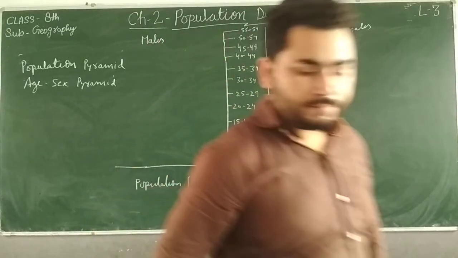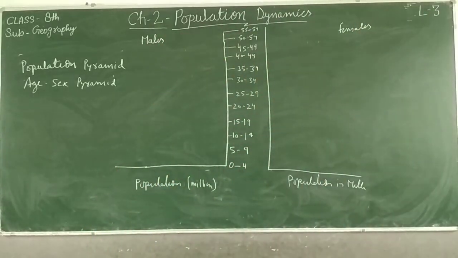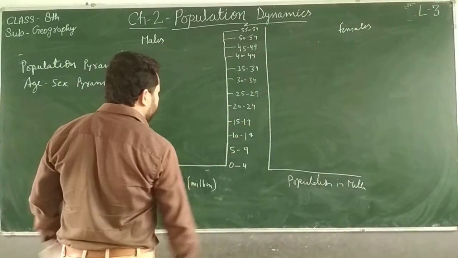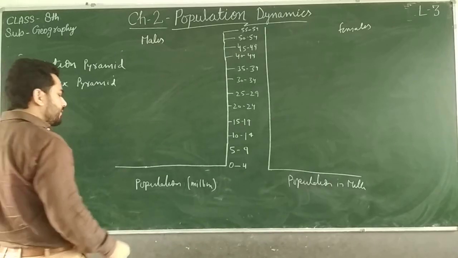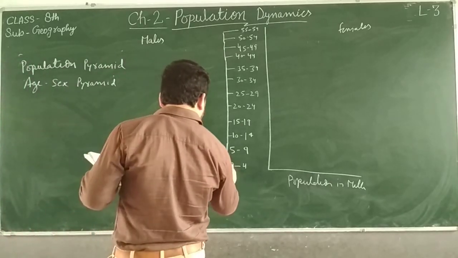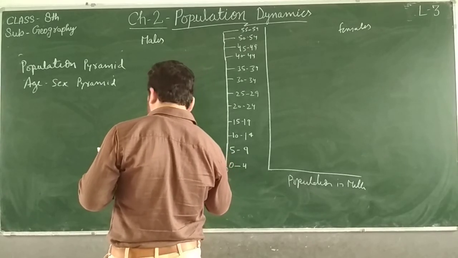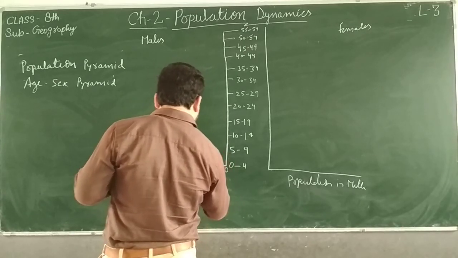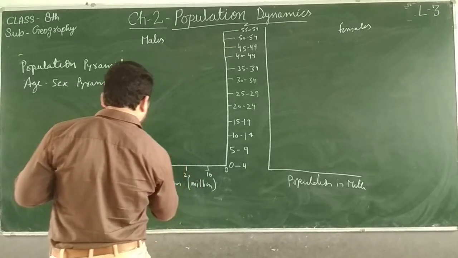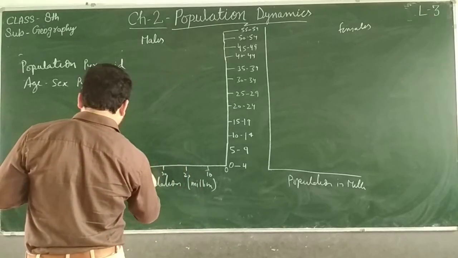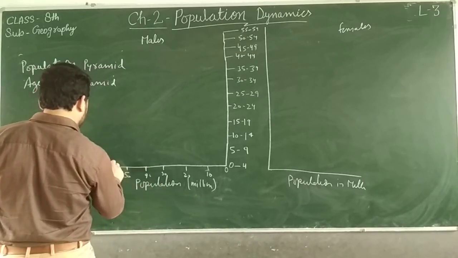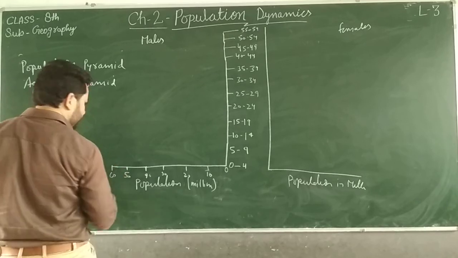Now what will happen? Suppose the population of this age group 0 to 4, meaning the birth rate, is higher. We can say it is 0 million here, here 10 million, here 20 million, here 30 million, here 40 million, here 50 million, and here 60 million.